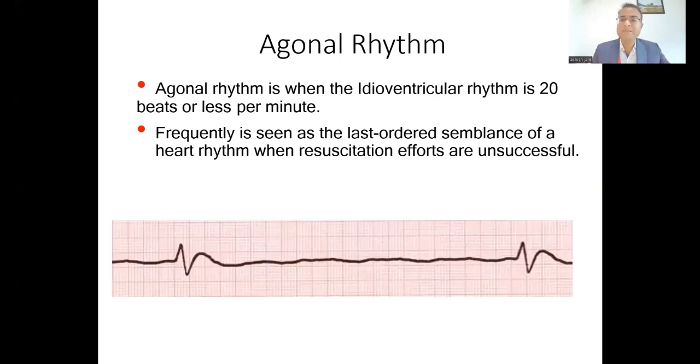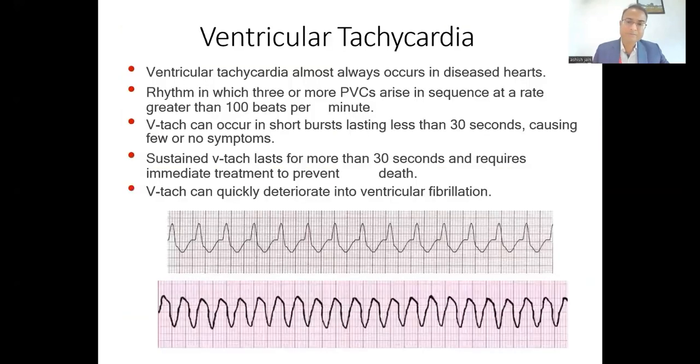Then comes the agonal rhythms. Agonal rhythms are when the idioventricular rhythm is even less than 20. You will see few beats throughout the ECG recording, and generally it is seen after failed resuscitation efforts. Ventricular tachycardia: here you will see a run of broad QRS complexes on the ECG.